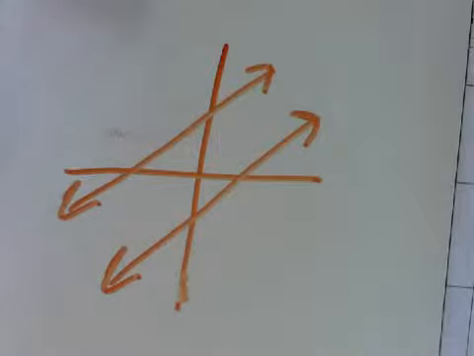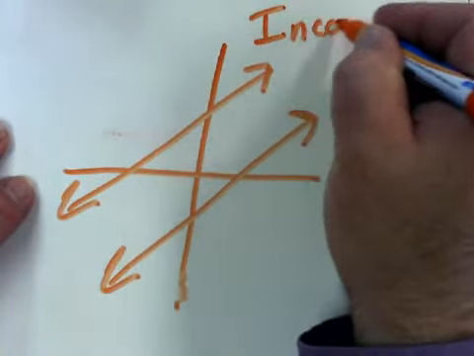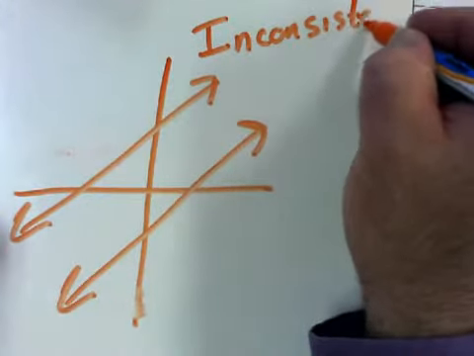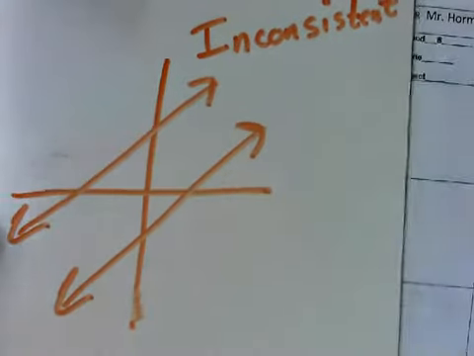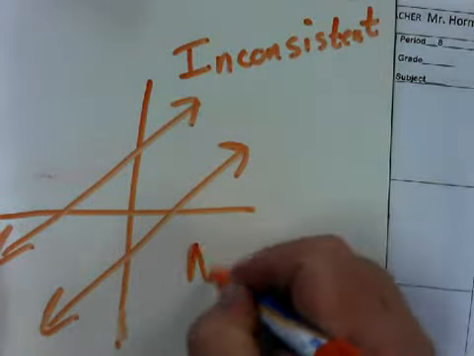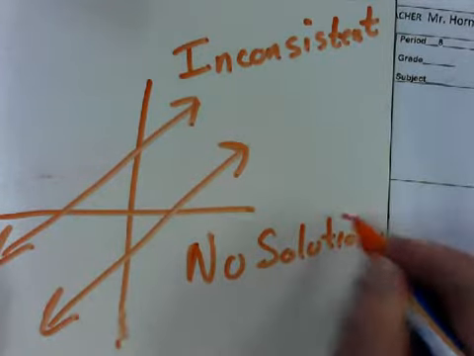These are called inconsistent, which means no solution, they are parallel.